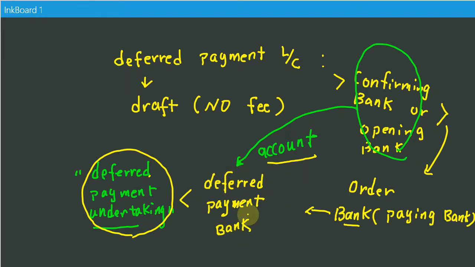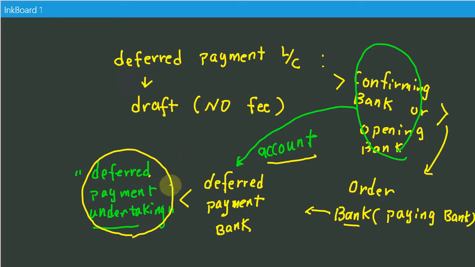Likely this bank already has an account of the confirming bank or opening bank, and on the due date, the deferred payment bank will pay from the account of these bankers.